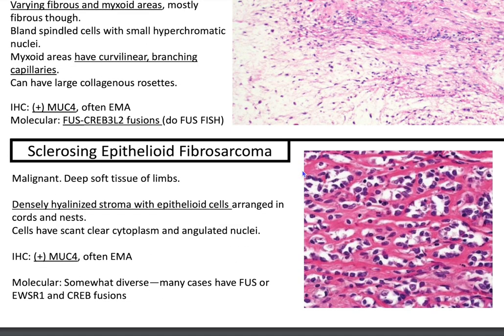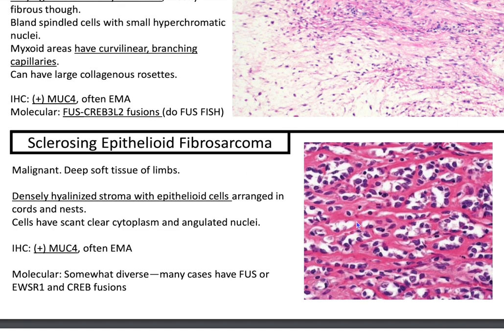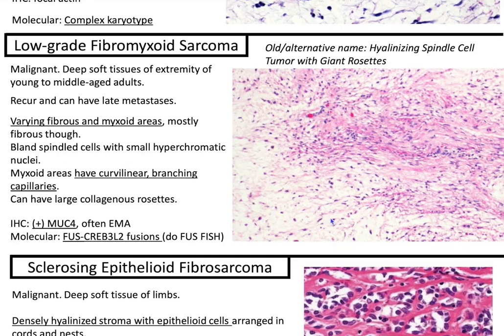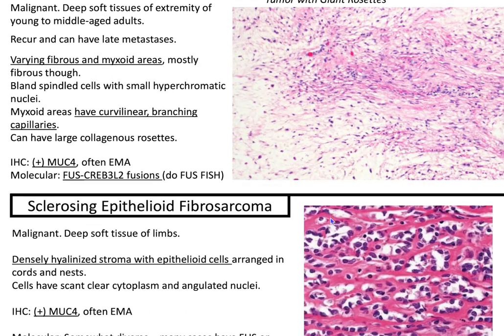Sclerosing epithelioid fibrosarcoma. This is malignant. This is deep soft tissue of limbs. Your differentials include invasive lobular if they're female. And this is also MUC4 positive and often EMA positive, and it's thought to be kind of like a spectrum to low-grade fibromyxoid sarcoma.